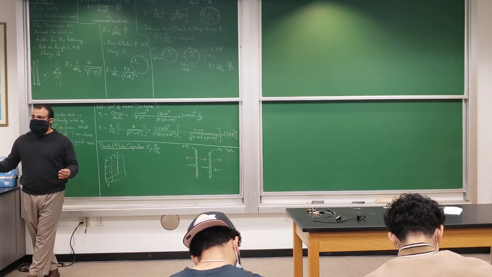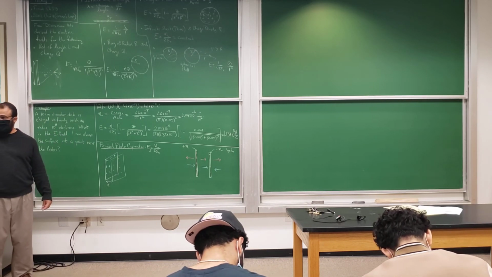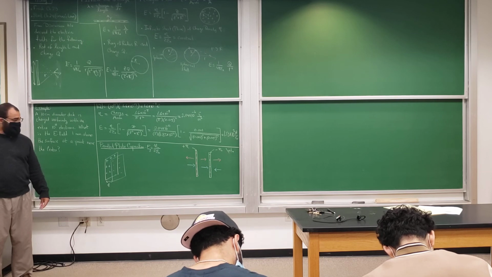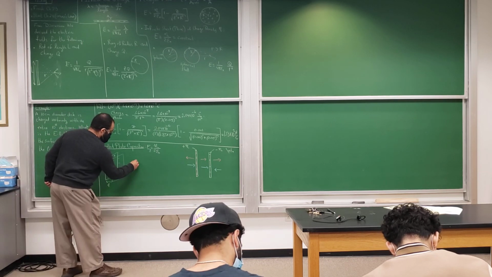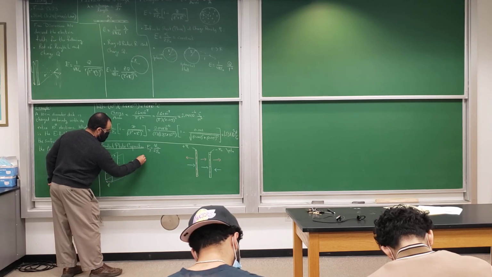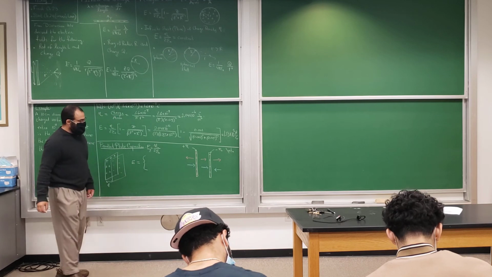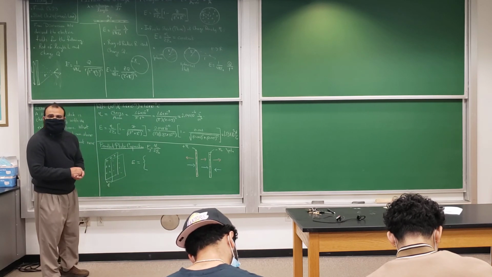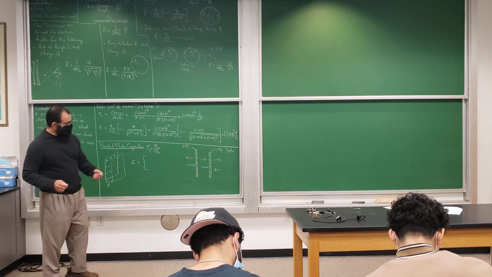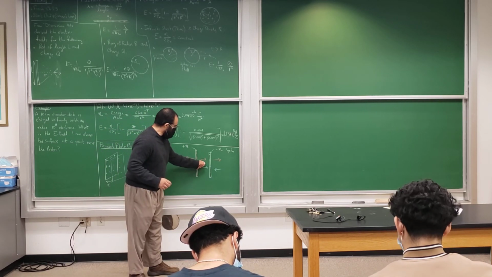Now, the combination of these two sheets will tell us what the total electric field is. Let me write it here. The electric field, therefore, is equal to, let's start with inside, in between the plates.